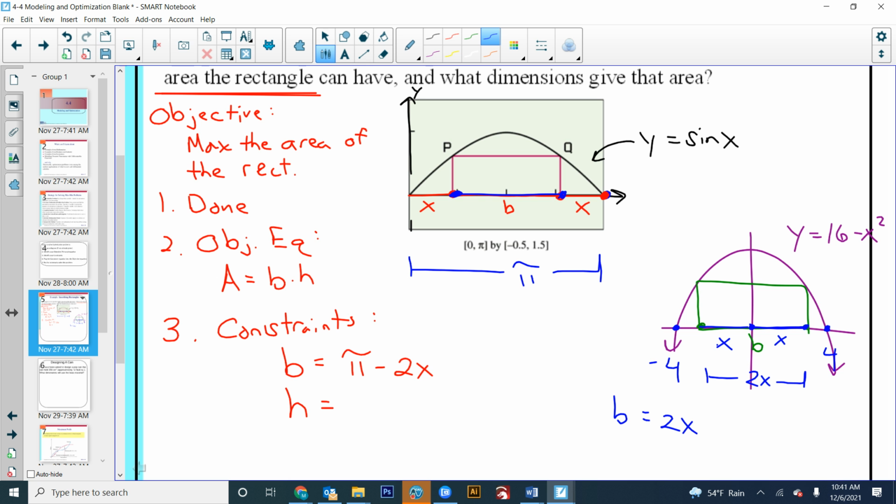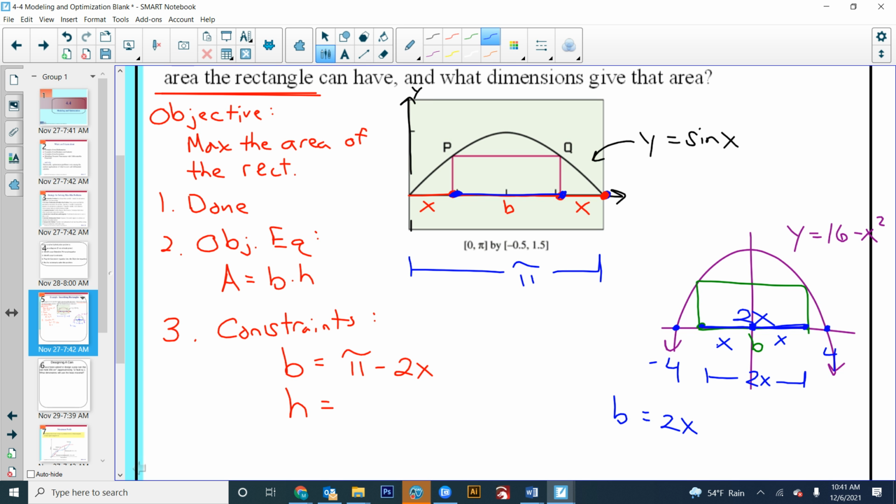That's why calculus is tough. Similar problem, different application, different setup. So what's the base that we want in this one? 2x. Why? Because the way the rectangle was drawn, this is x because of the symmetry. The base is 2x in this problem. That's all I want.